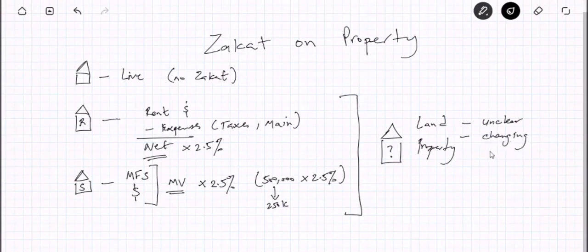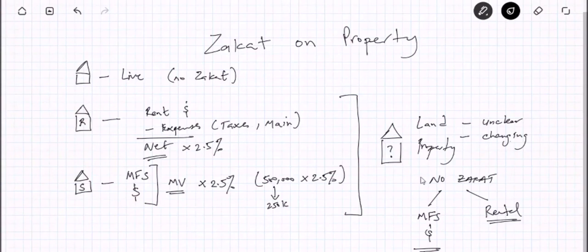In this case, there is no zakat on it until it falls into one of the two categories we talked about: either it is marked for sale or sold, or it is a rental property. Then there's zakat on it. You may even end up living in it, and then obviously there's no zakat on it.